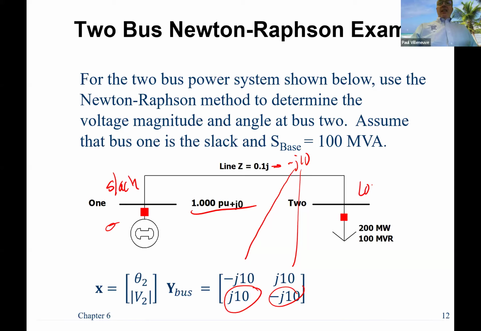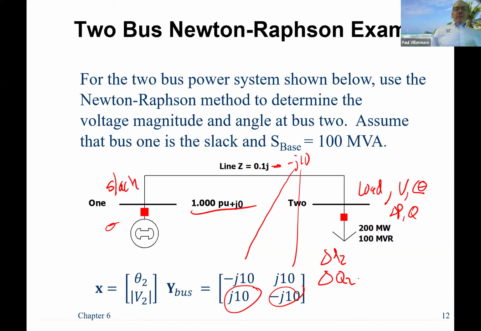So this is a load bus, which means I have to solve for V and theta, and I can write delta P and delta Q. All right, so I have to write equations for delta P2 and delta Q2.